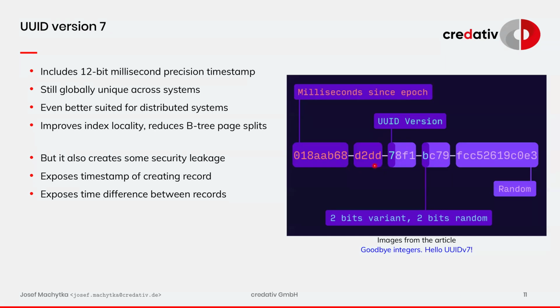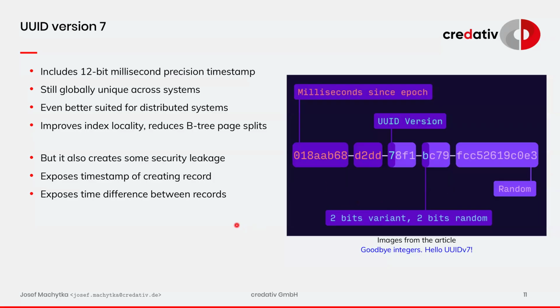There is this Unix epoch value in milliseconds embedded here, and the remaining part of that UUID is random. So a consequence of this construction, of this pattern, is that generated UUIDs are actually ordered sequentially by time.